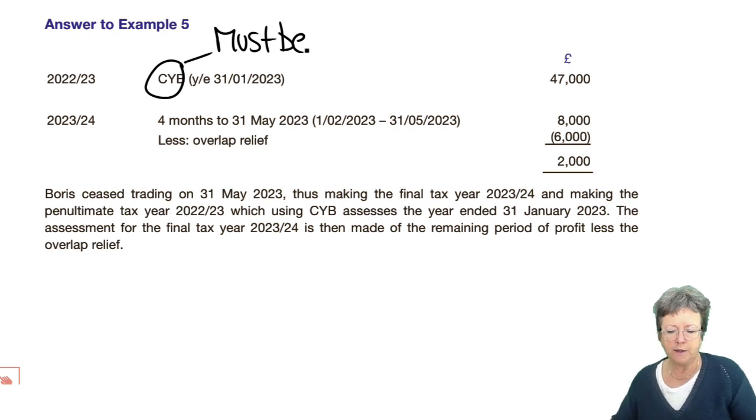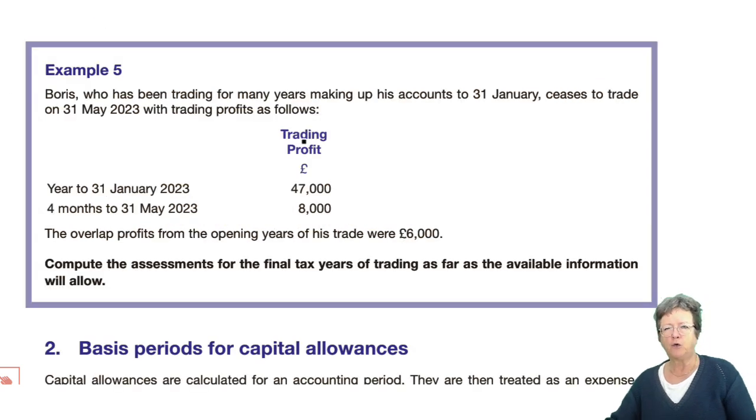And he ceased trading, so the final year is 23-24, making the penultimate year 22-23, which using current year basis assesses the year ended 31st of January. The assessment for the final tax year 23-24 is the remaining period of profits less any overlap relief. So that's fairly straightforward.